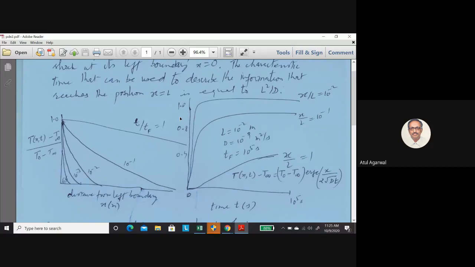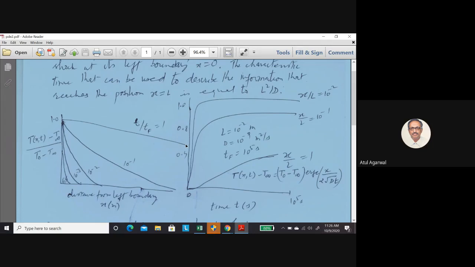It takes about infinite time to equilibrate. What is temperature equilibrium? Everywhere the same temperature. Only then will heat flow stop. But you have got some time, for example here 10 power 5 seconds. You will find that at x equal to 0 you have got the full value, but far away it is less.